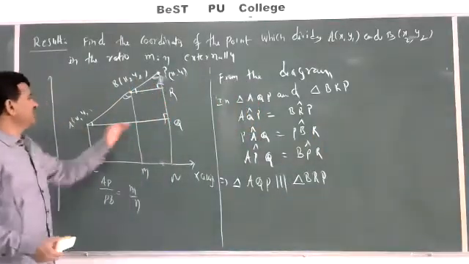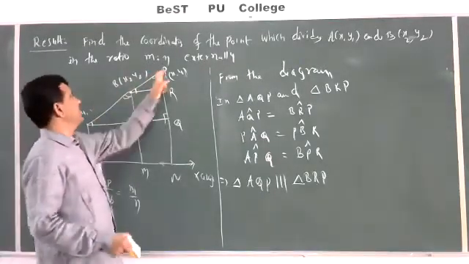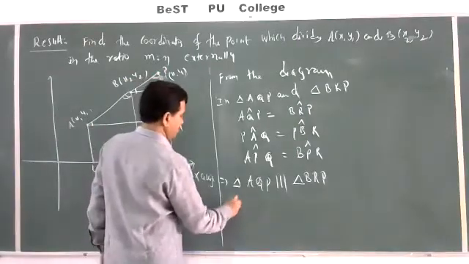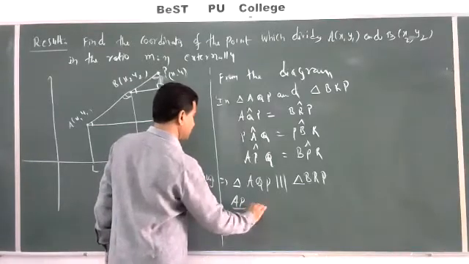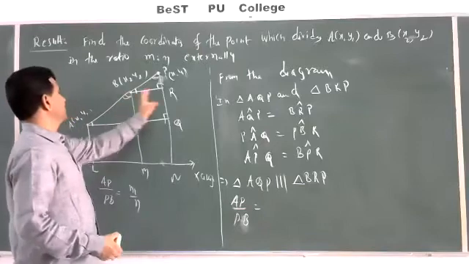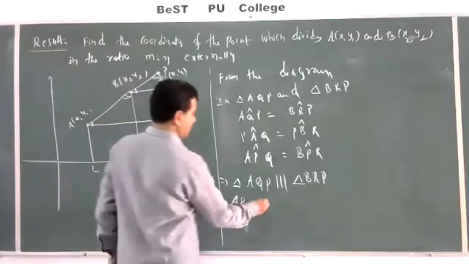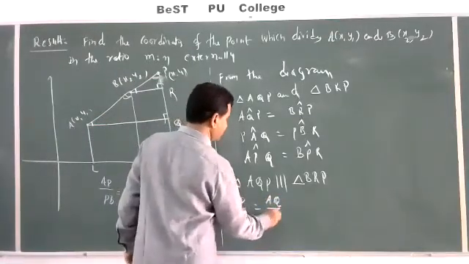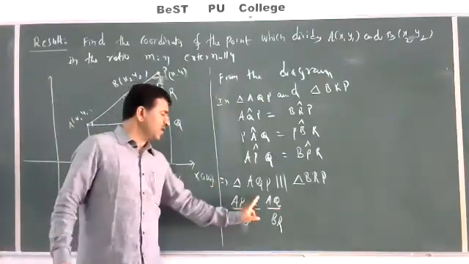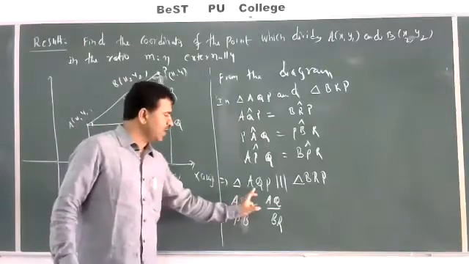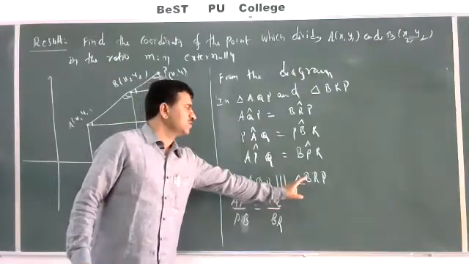So in similar triangles, corresponding side ratios are equal. So AP by PB is equal to, this is an important relation, AQ by BR. Here one thing you have to observe. In the top position, we write the sides which belong to AQP, and below that we write the sides which belong to triangle BRP.